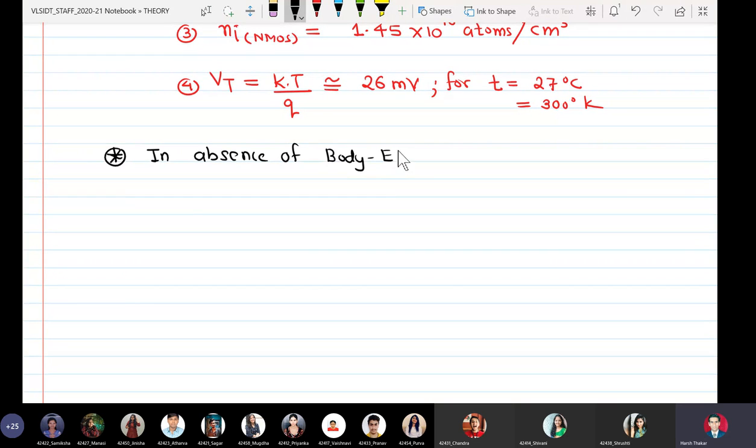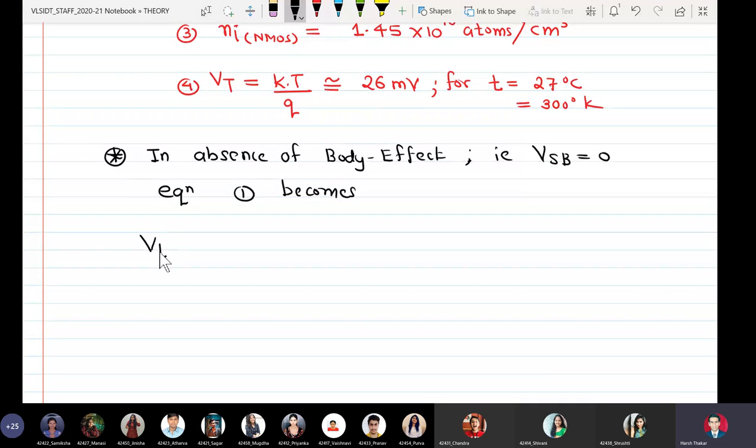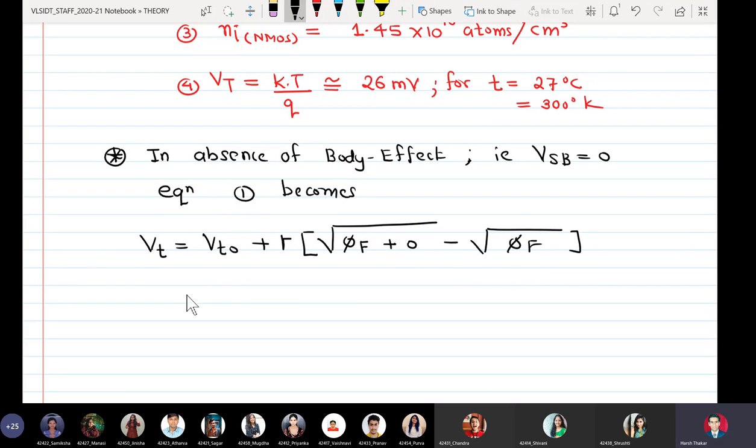In absence of body effect, that is VSB equal to 0, equation number 1 becomes Vt equal to Vt0 plus fitting parameter into surface potential plus 0 minus surface potential, which becomes nothing but equal to Vt0.